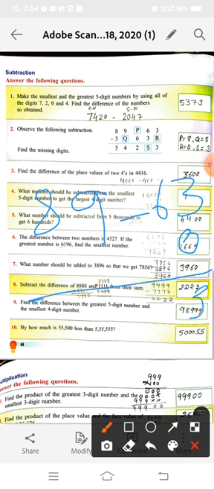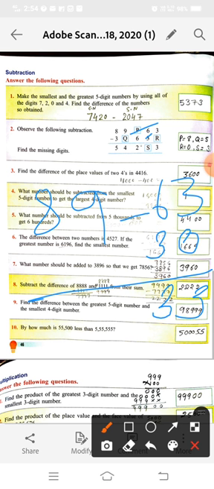Here the difference is 3. Now here is 6 and 3 on the place of tens. So 6 minus 3 is equal to 3. So on the place of S we will write 3 again. And on the place of P, what should be here?